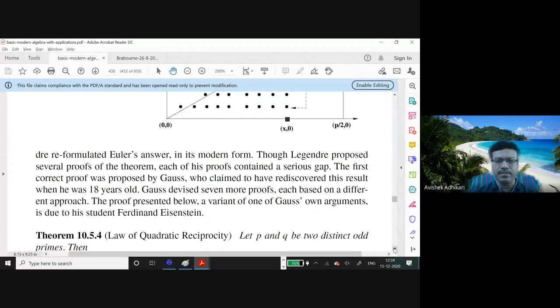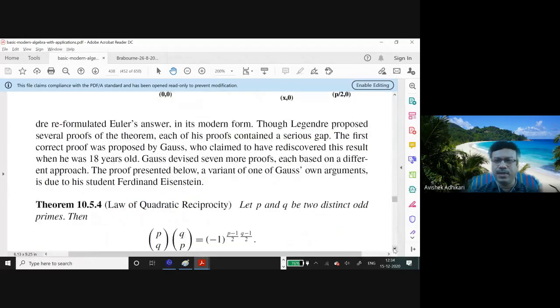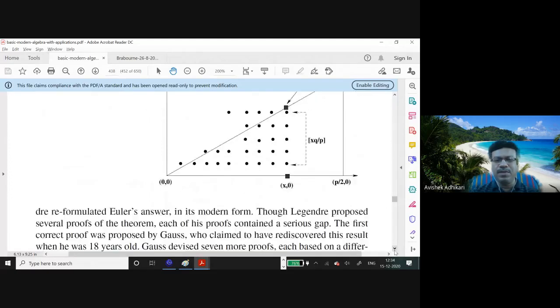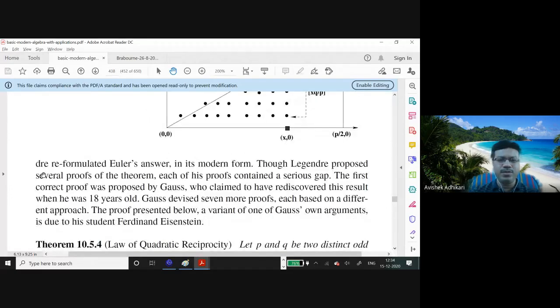Legendre also gave several proofs of the theorem, but each of the proofs contained serious gaps. That means though he formulated the result correctly, whatever proof he provided had serious gaps, some wrong statement was there.